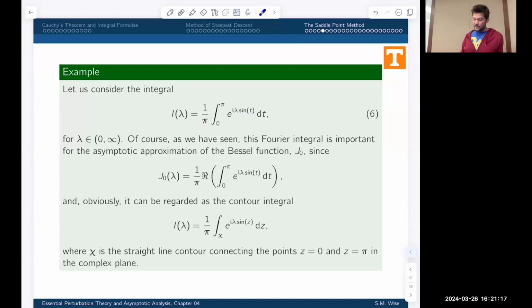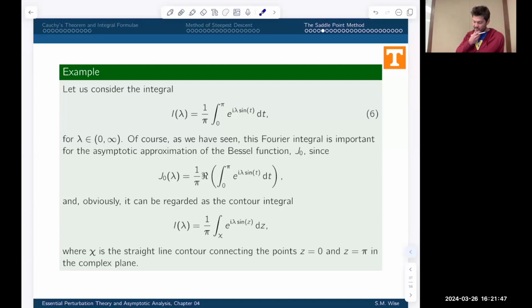Well, this is an integral over a real interval, right? t between 0 and pi. It's a standard integral. Now, this integrand is not real valued, it's complex valued, but I can easily break this into its real and imaginary parts by using the Euler formula. And so this can be easily written as a real integral and an imaginary integral.